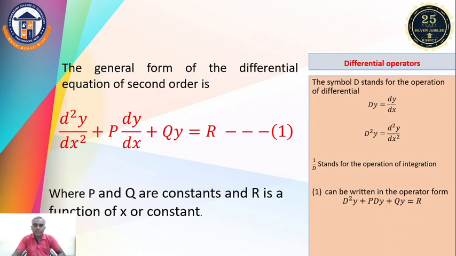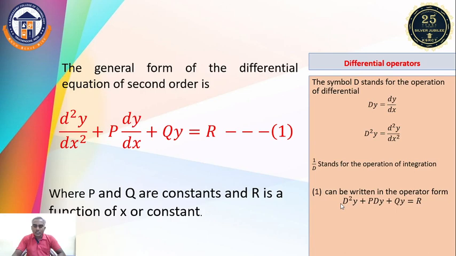We replace d square y by dx square with capital D square y, plus p, and dy by dx with capital Dy. So we get p Dy plus qy, that is equal to r. That is the operator representation form.